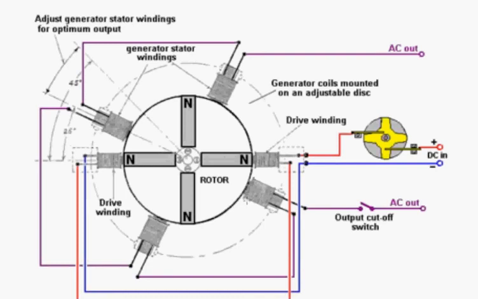That's only part of the situation, because Robert has then taken the output of the back EMF and he rectifies that, and he passes that back from the drive windings to the drive battery.